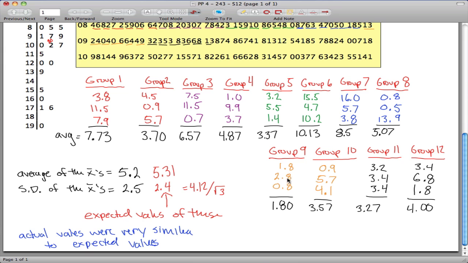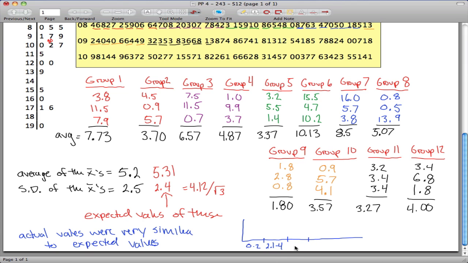Okay, and the last thing it wants me to do is comment on the shape of the distribution of these 12 averages right here. There's a few different ways to do that. I think what I'm going to do is make a histogram. And for my histogram here, I'm going to group these: this first group is everything from 0 to 2. And this is if you're bigger than 2 but less than 4, so maybe 2.1 to 4.